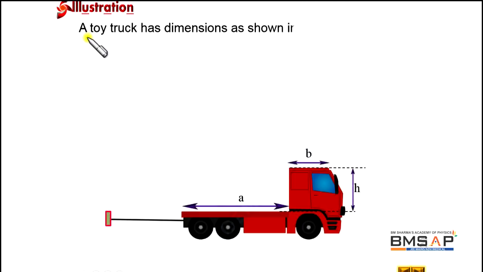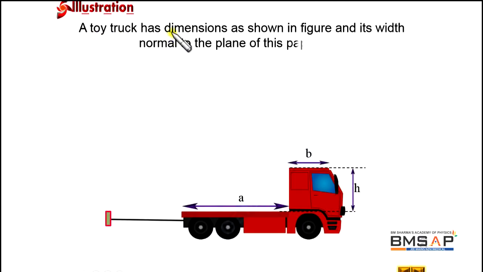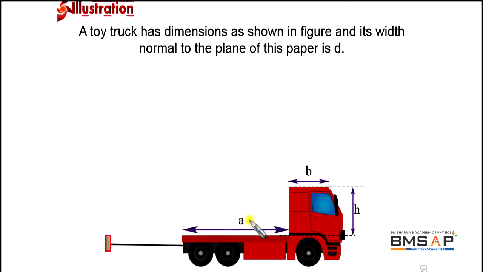In this illustration, it is given a toy truck has dimensions as shown in the figure. This dimension is A, this is B, and height of this cabin is H. And the width normal to the plane of this paper is small d. That means this dimension is small d. It is not shown on the screen because this is the two-dimensional view.